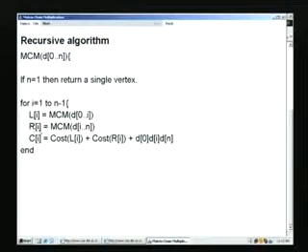Likewise, we will construct R_i, which will be the optimal right subtree, which will be a part of the optimal tree for S_i. So, this will be done by this call MCM of d_i through n, and this will simply be the dimensions of the remaining n minus i matrices. C sub i is going to be the cost of this.